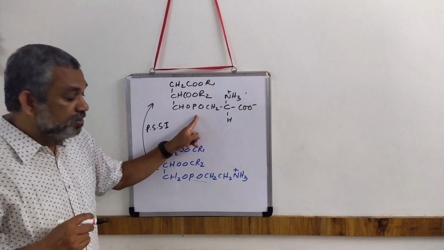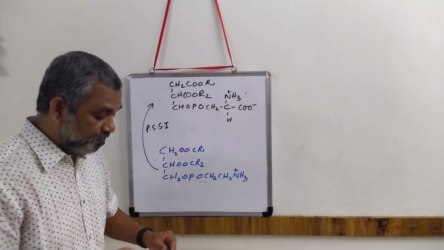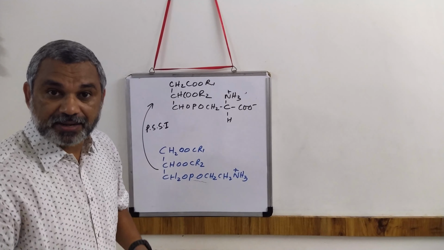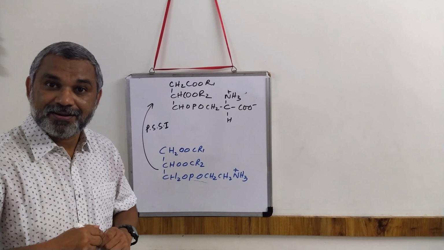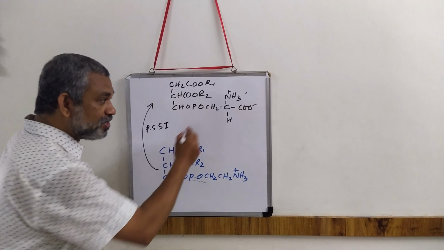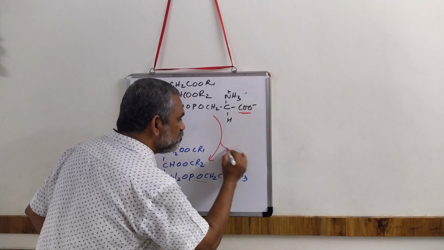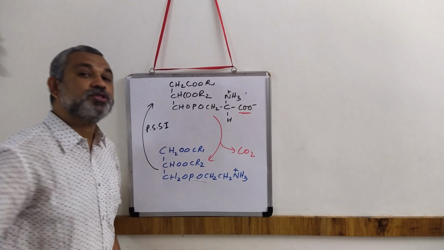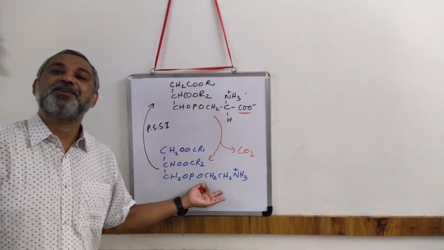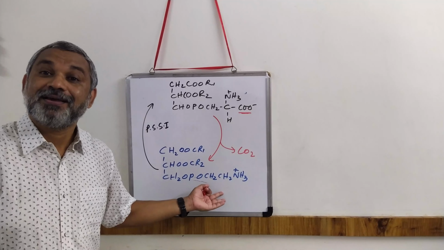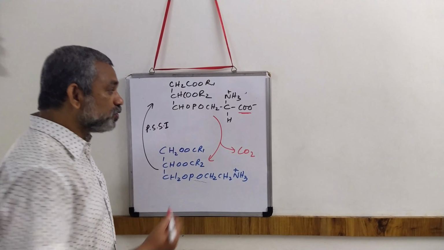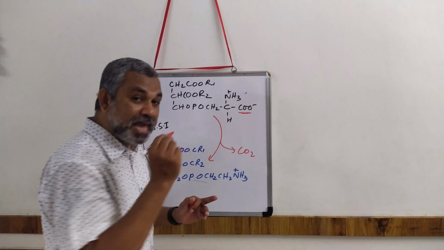Suppose you want to make phosphatidylethanolamine from phosphatidylserine. Is it possible? Look at the structure. If you remove this CO2 molecule, you will get phosphatidylethanolamine.